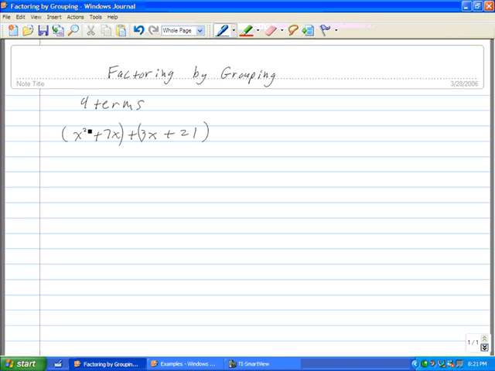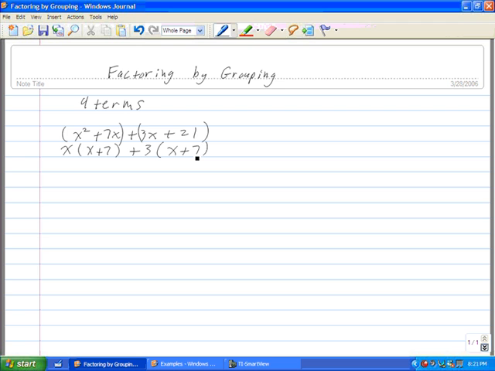Sometimes you have to put together the first and the last, and then the middle 2, or the first and the third, the second and the last. There's different possibilities you can try, but we're going to go with what we have here. We're going to go with this because I notice in the first 2 terms I can pull out an x. In the next 2 terms I can pull out a 3.